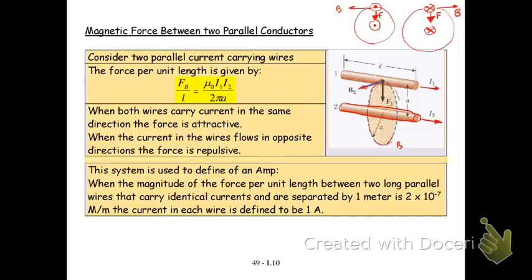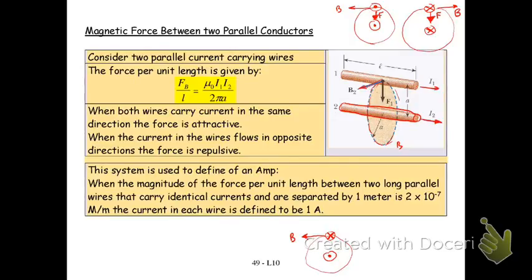And if I go over here, I'll do it down the bottom. So if I have a third option, let's do that. There's my second wire. My B goes in that direction. Now let's say I don't have them flowing in the same direction. The currents are going in opposite directions. So this wire here has the current flowing in that direction.